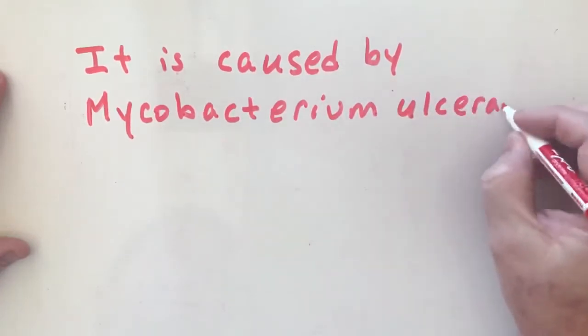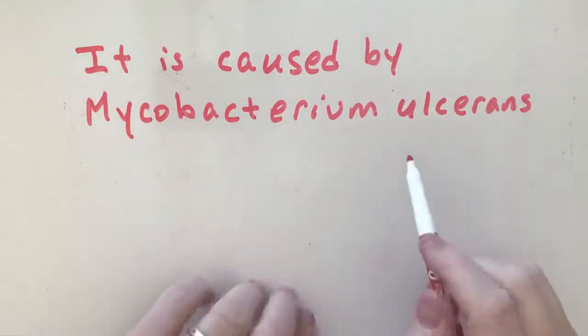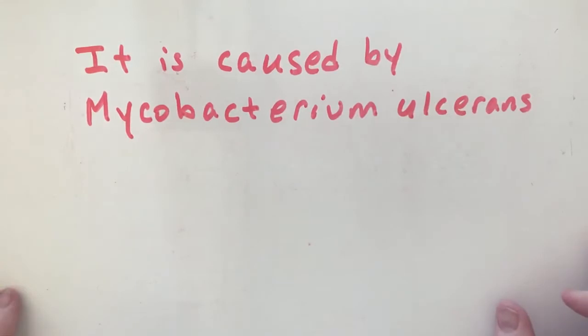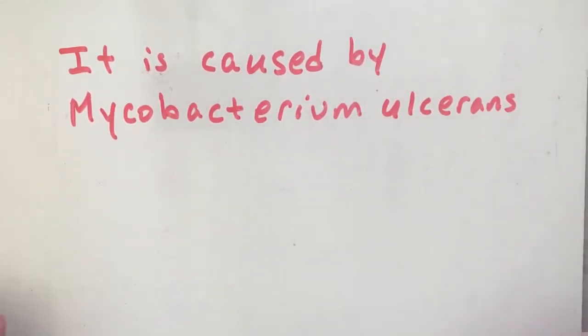So kind of makes sense. It causes ulcers, and it's caused by something called ulcerans. Mycobacterium, you may recall from our tuberculosis, and also from leprosy. Okay, so this is another one.